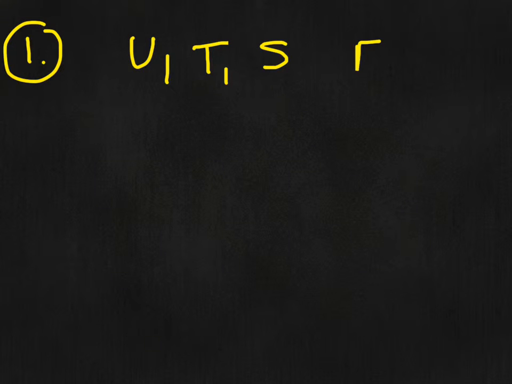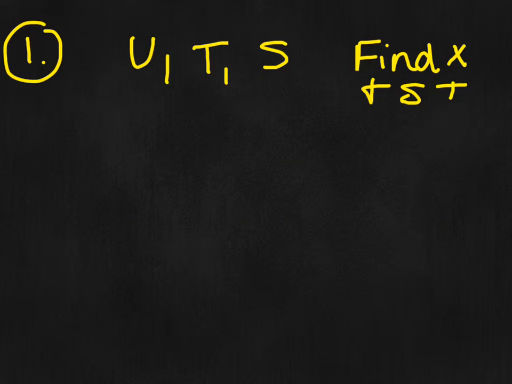We need to find x and ST. We also know that T is between S and U. ST is equal to 7x, SU equals 45, and TU equals 5x minus 3. Okay, well, there's not a diagram drawn, so go ahead and draw yourself a diagram.